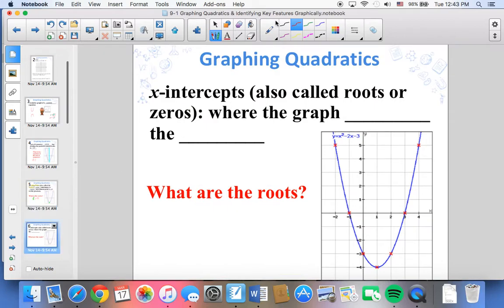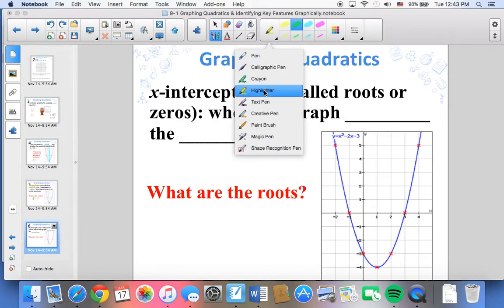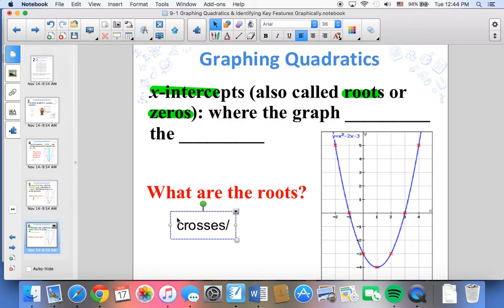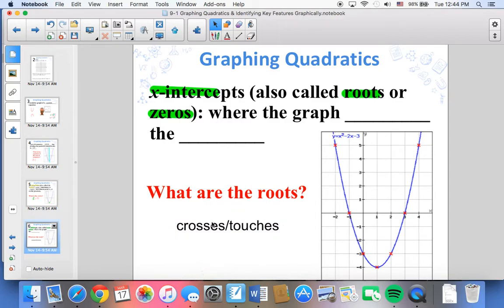Your x-intercepts, they're also called roots or they're called zeros. So I could ask you, what are the x-intercepts? I could say, what are the roots? What are the zeros? It all means the same thing. It is where the graph crosses or touches the x-axis.